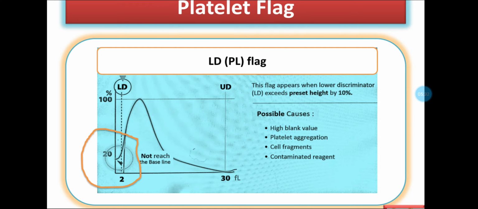This type of flag is called the PL flag, or platelet lower discriminator flag. The possible causes could be high blank values, differences in electrical currents, platelet aggregation, cell fragments, and contamination of the reagents.